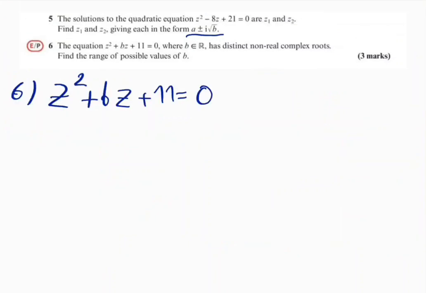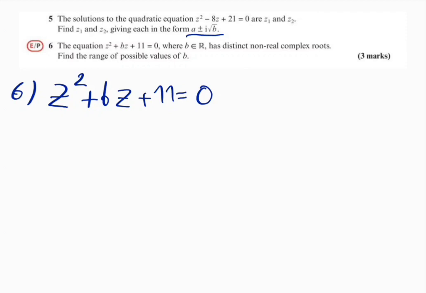Question 6. This is an interesting one. The equation z squared plus bz plus 11 is 0, where b is a real number, and has distinct non-real complex roots. Find the range of possible values of b. So what does this mean?